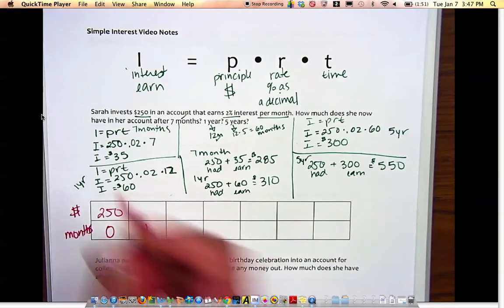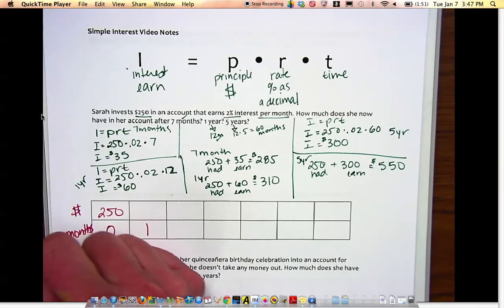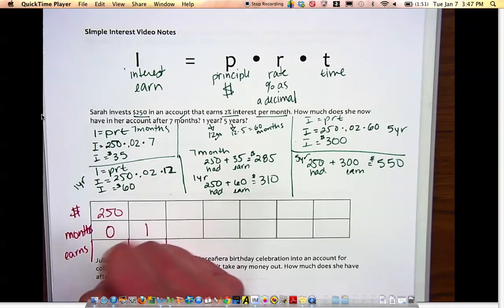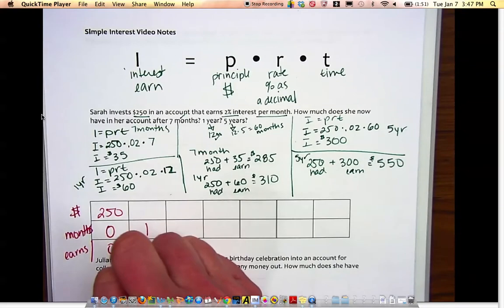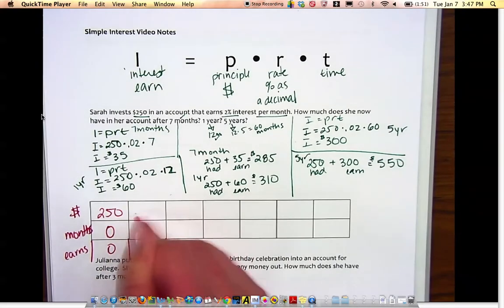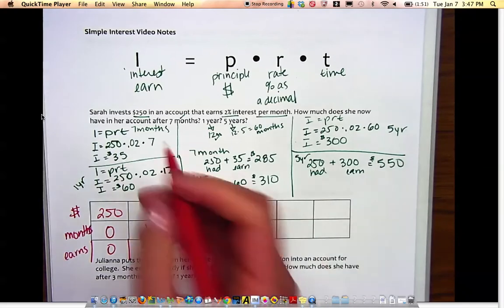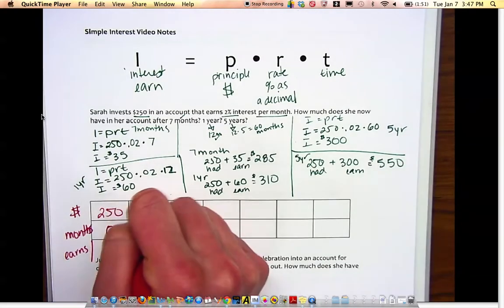So maybe I'll put this as what she earns down here. So she's earned nothing here, and here she's earned $5. And then up here, we'll keep track of how much money she has in her account. So that means she has $255 in her account.